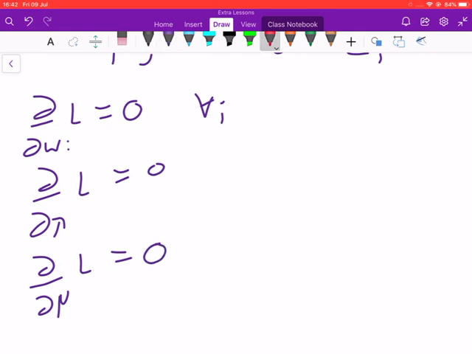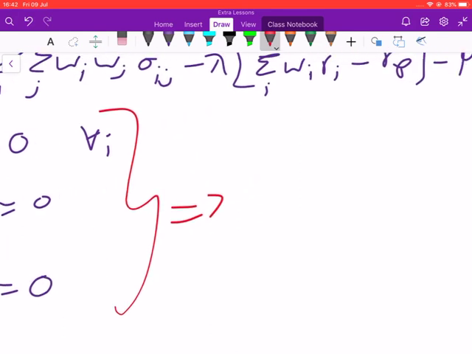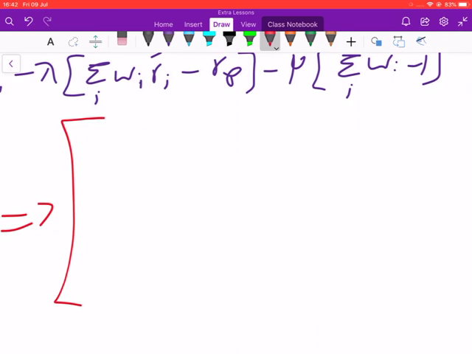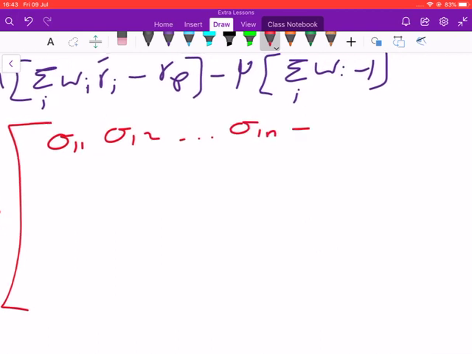And then what you will have as an answer will look like this. I'm going to write it in matrix form because it's much easier that way. You're going to have sigma 1 1, which is your covariance of 1 1, 1 2, up to 1n, minus the return of asset 1, minus 1.